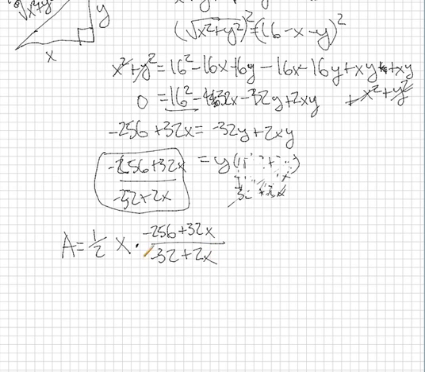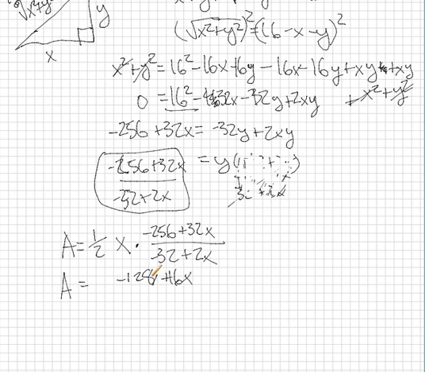Now, the first thing I'm going to do is factor out a 2 and then get rid of the half, and multiply the x in. So 2 of this is negative 128, so I factored out a 2 of that, and then plus 16x.